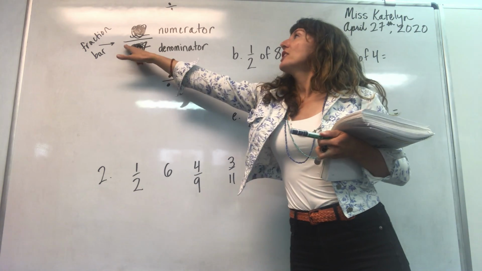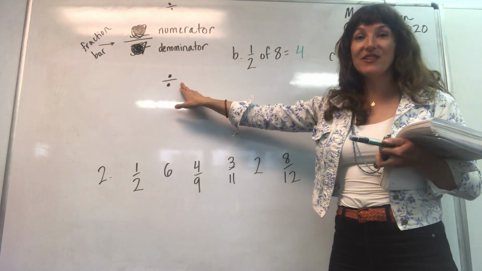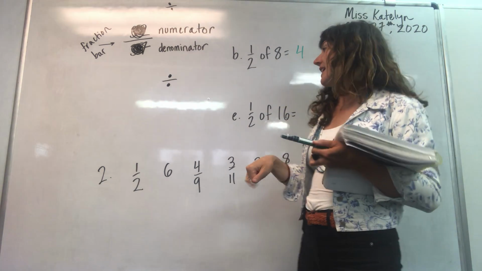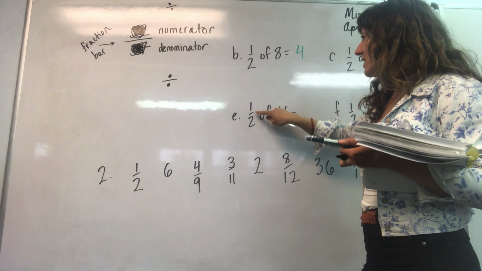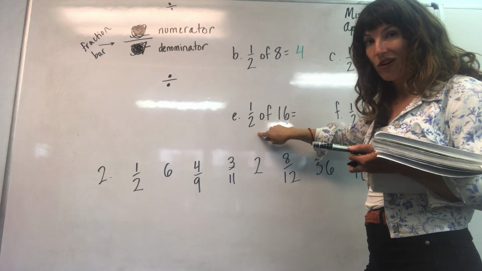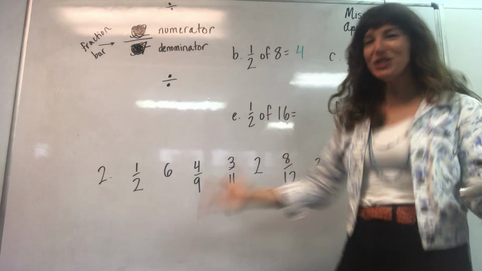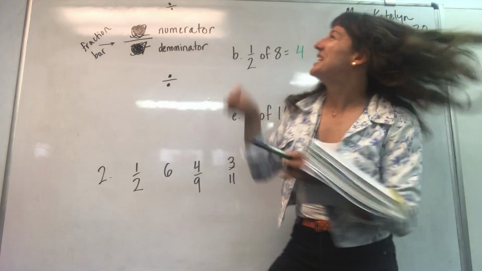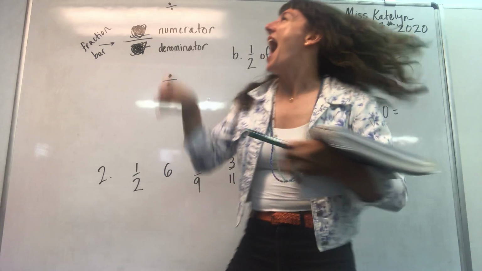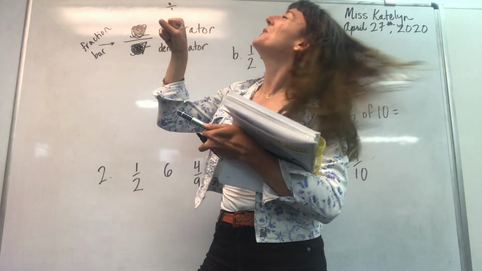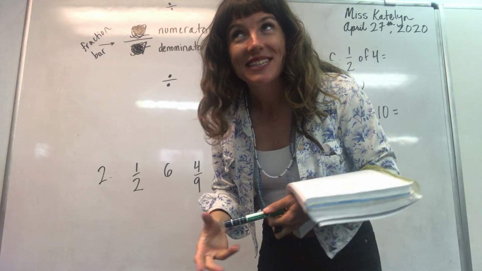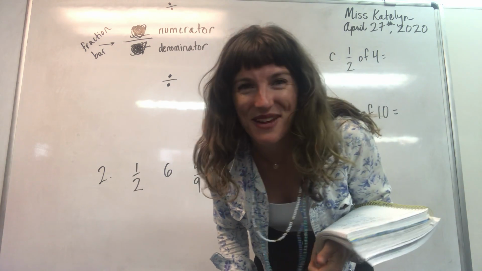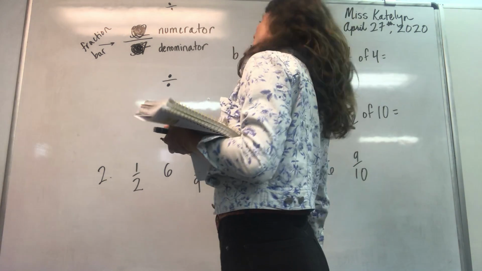So your fraction bar is a division symbol. And when we want to know 1/2 of something, we're going to take that something and divide it by 2. Okay, that's all that we're going to do today. How wonderful is that? Dividing by 2. I love you, dividing by 2. It's so fun. Remember, we don't say easy in my class, we just say fun. All right.